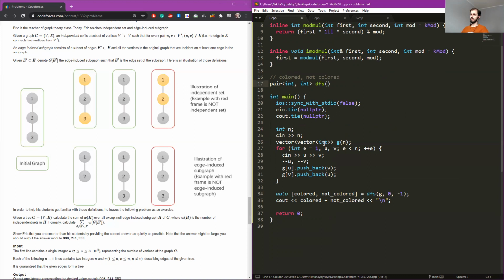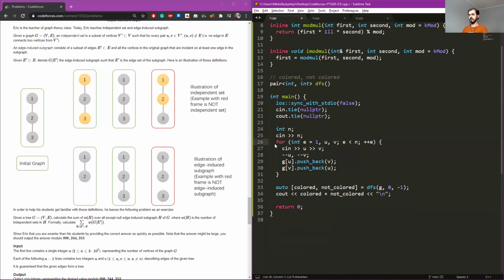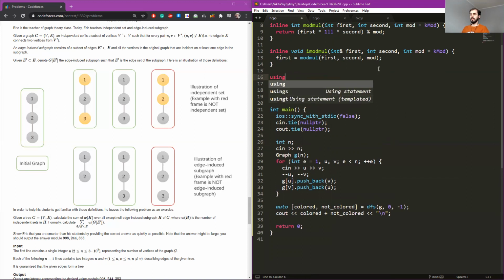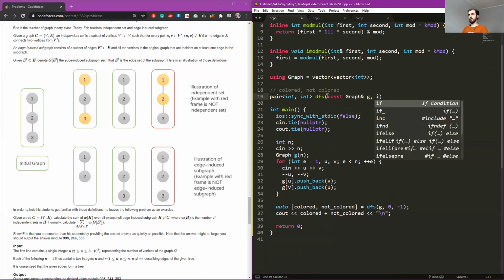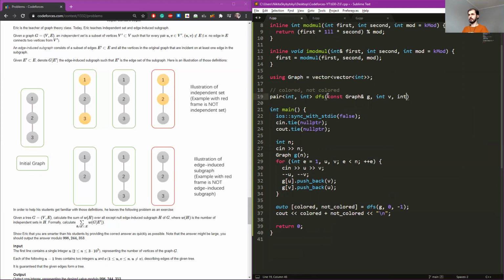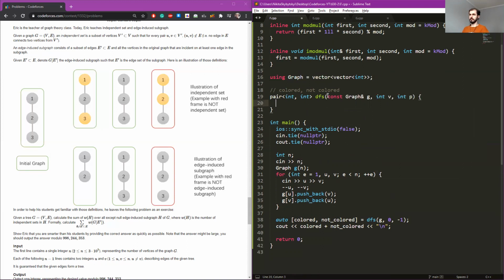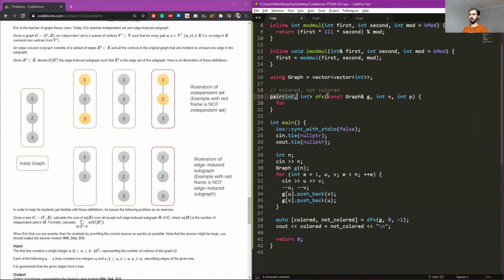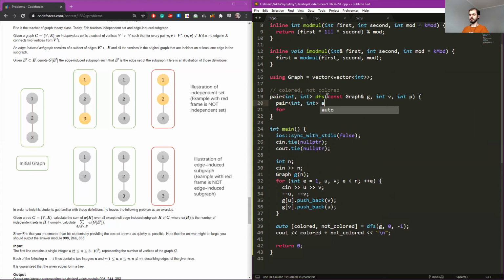So here we have vertex and parent. Thinking 1 should be a good start.